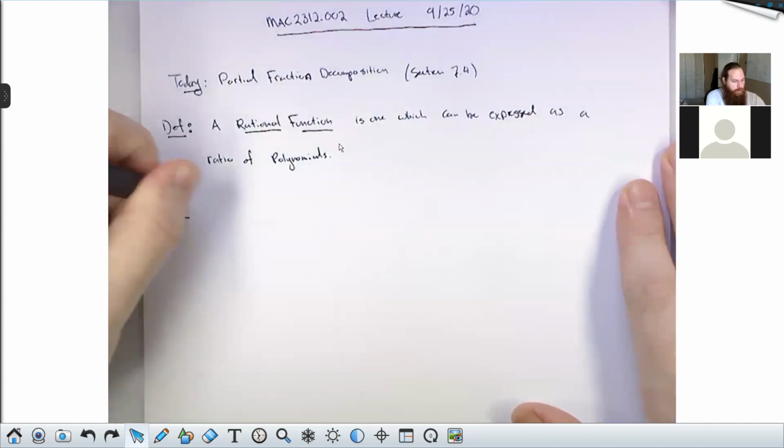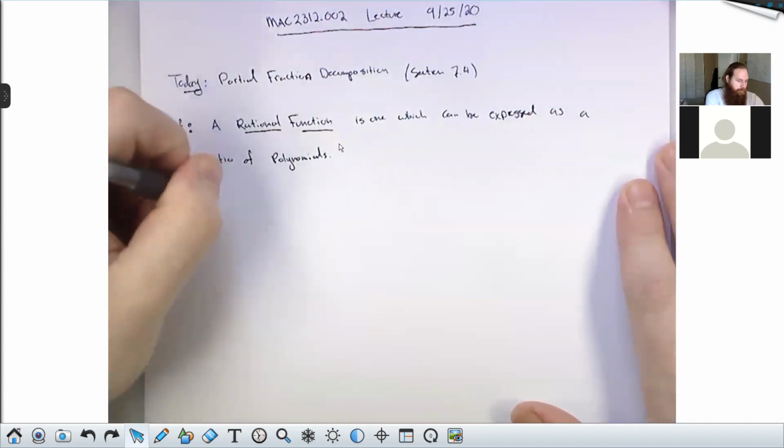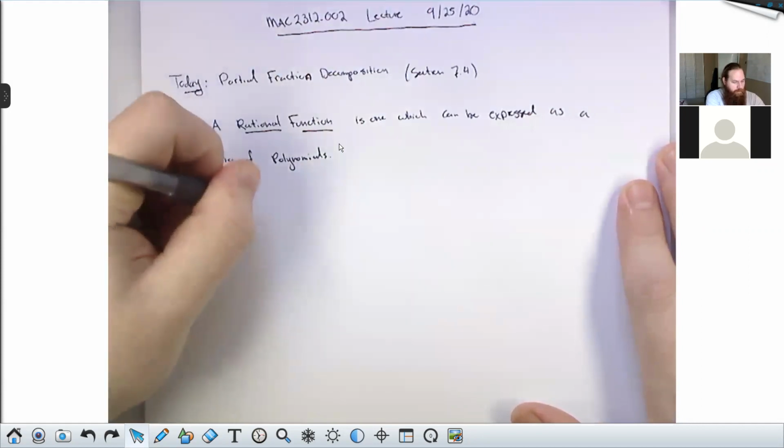There's one other definition we need to get started here, and that's the definition of a proper rational function.